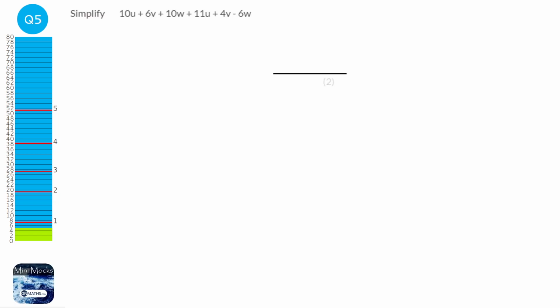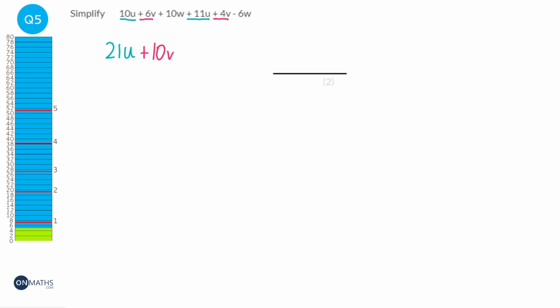This question's all about like terms. So we can add this 10u with this 11u to make 21u. We can also add this 6v with this plus 4v to make 10v.